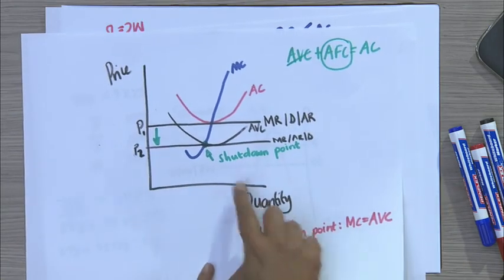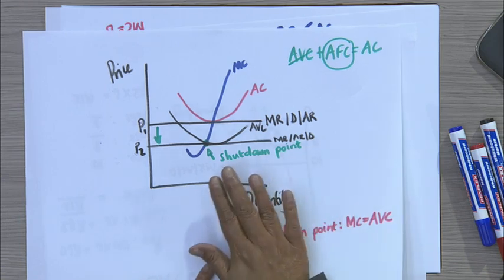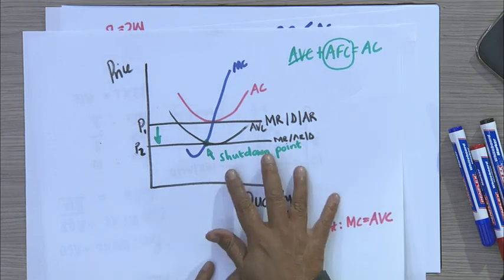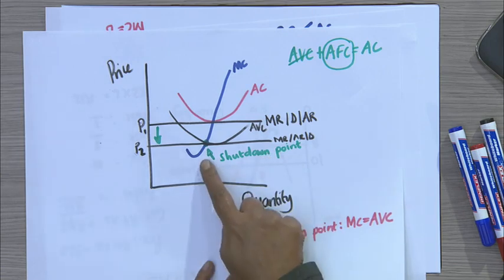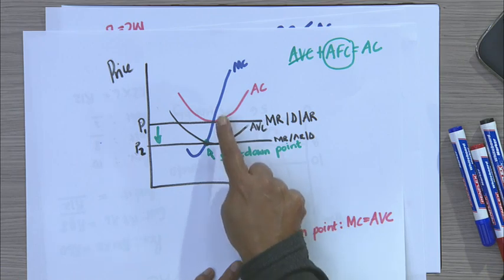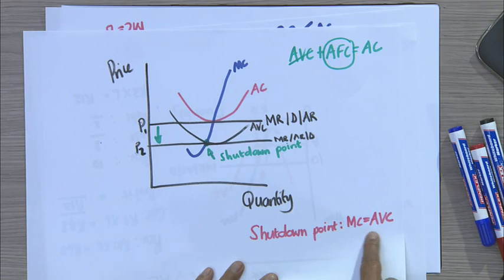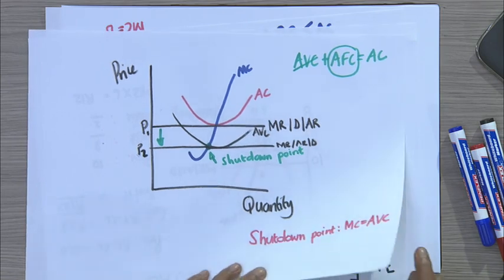And I said you don't see shutdown as the business closing down, not necessarily closing down, but they're just making some adjustments to their business or how they do business in order to try and decrease those costs, right? And we said the shutdown point is where MC equals your average variable cost.